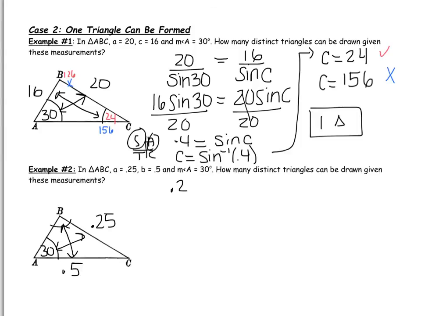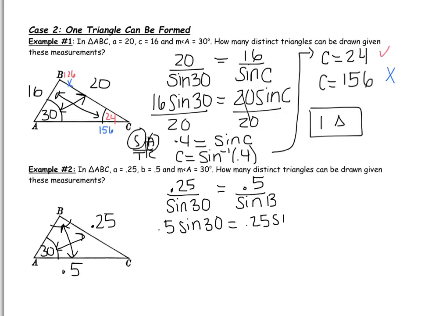So 0.25 over sine of 30 equals 0.5 over sine of B. Cross multiply, 0.5 sine of 30 equals 0.25 sine of B. Divide by 0.25. And sine of B is going to equal what? All right, well, 0.5 times sine of 30, hit enter in the calculator, divide by 0.25, and get 1.